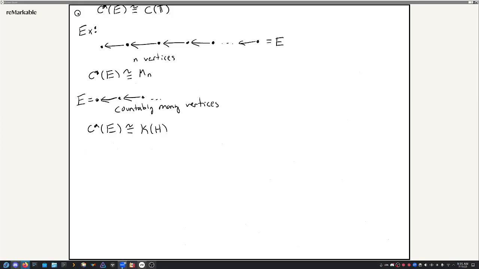We have an action of the unit circle, that is some gamma, which assigns to each complex number of norm 1 an automorphism of the graph C star algebra.